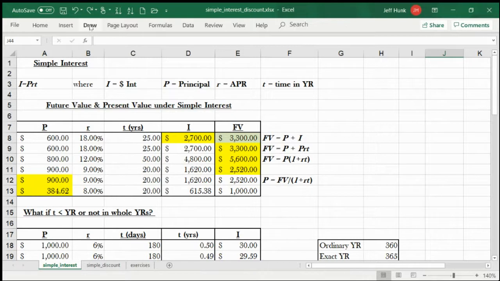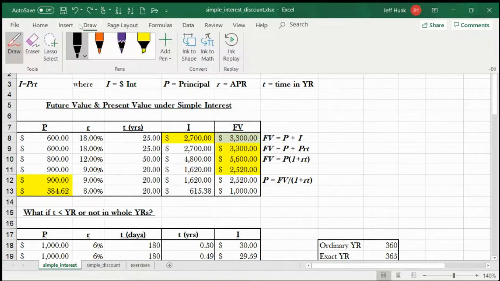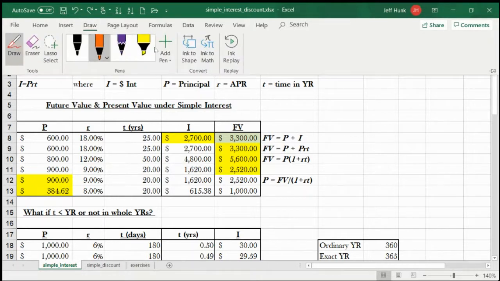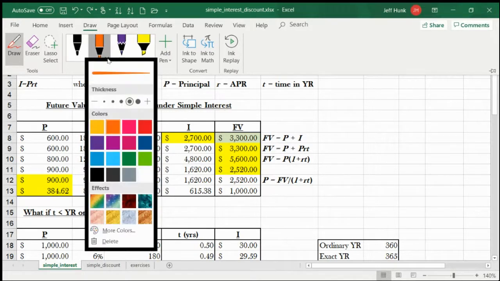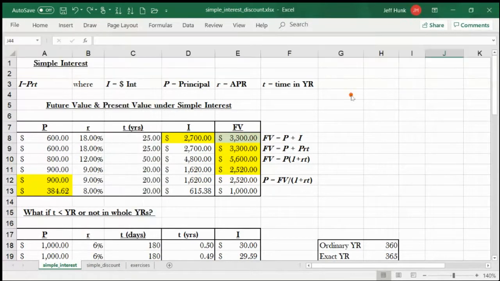So, in other words, interest, and I will use INT as the symbol for interest.